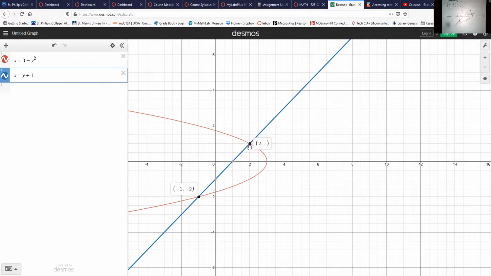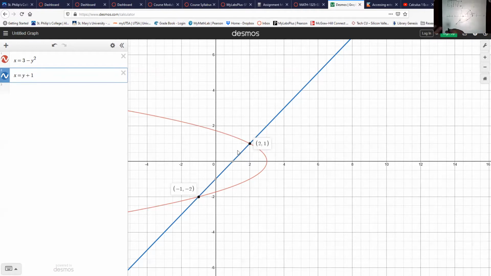All right, so those are the intersection points we found. So we will integrate from -2 on the y, because we're doing dy, all the way up to 1 on the y value here. That's how we find the bounds.